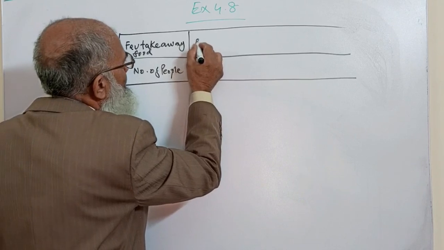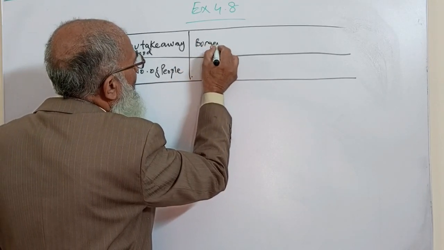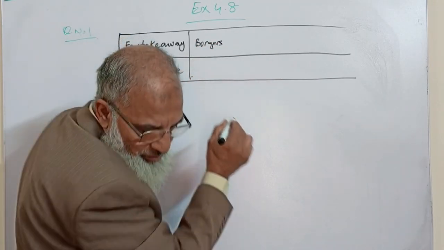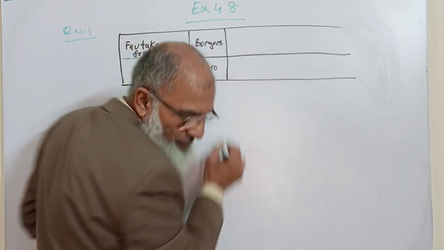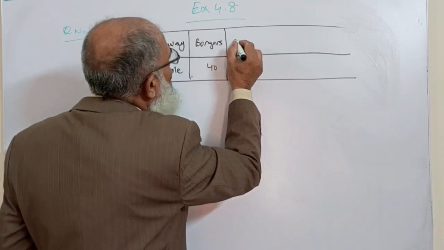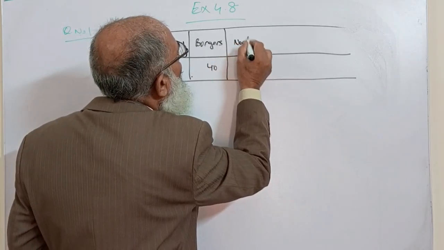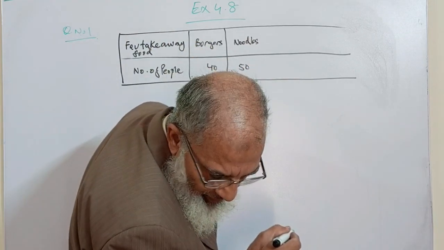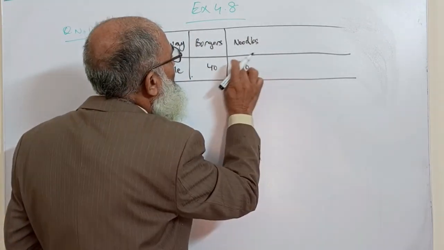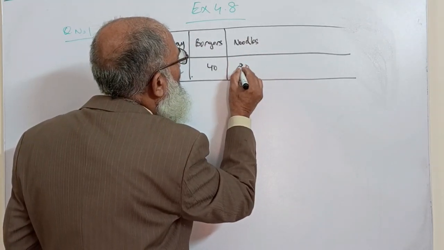Burgers. How many people are there? 40. For noodles, 30.